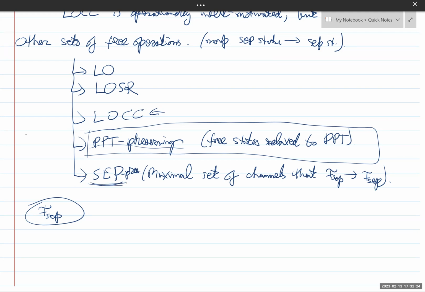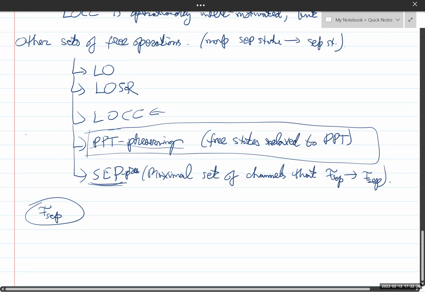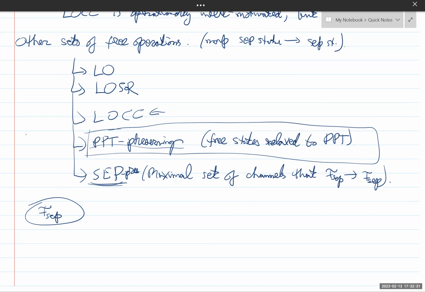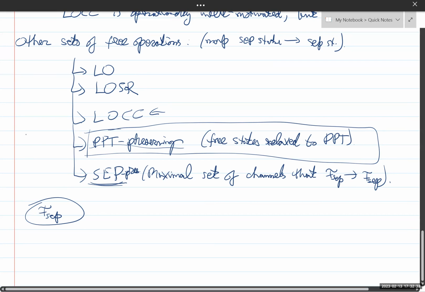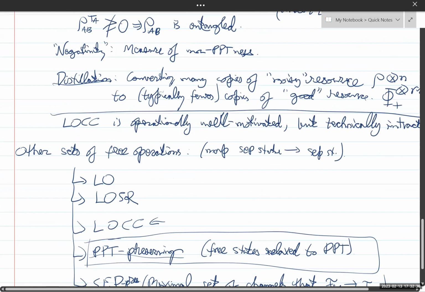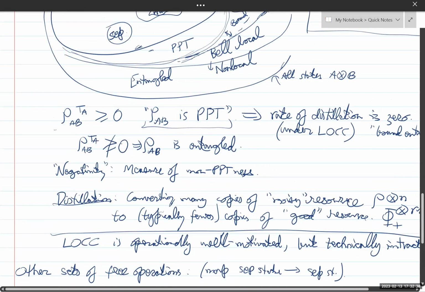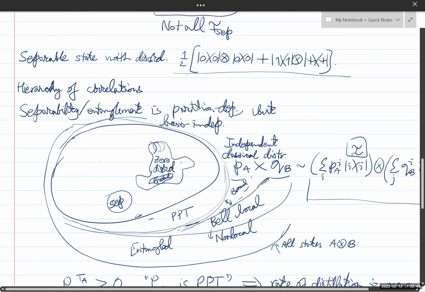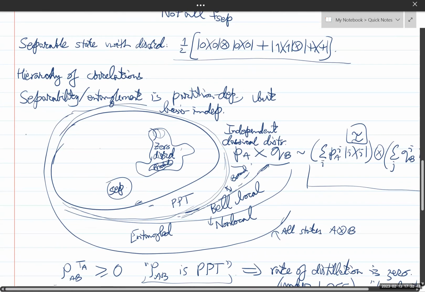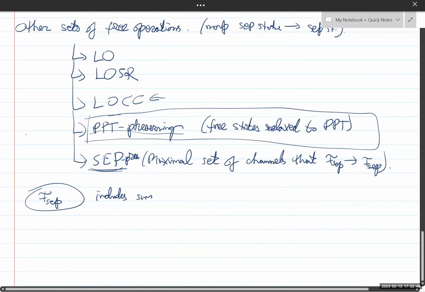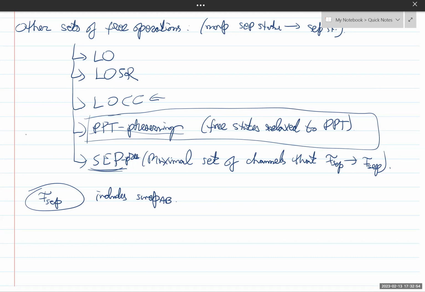So I'll just say there's this largest possible class of sensible operations, which preserve the set of separable states. And this, for example, would include the swap between Alice and Bob, right? But clearly the swap of Alice's system with Bob's system should be a really non-local type of thing to do.